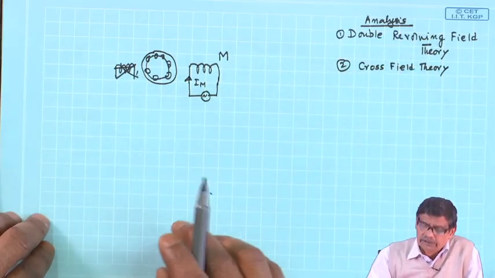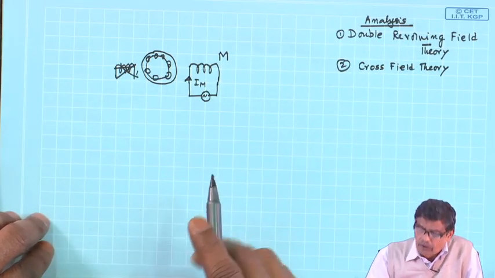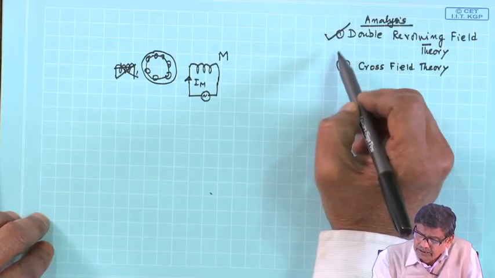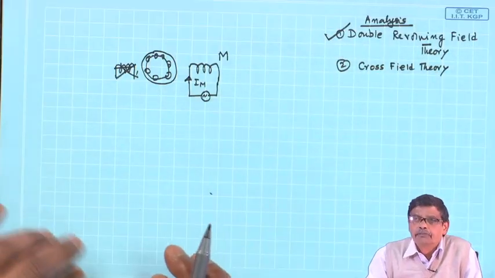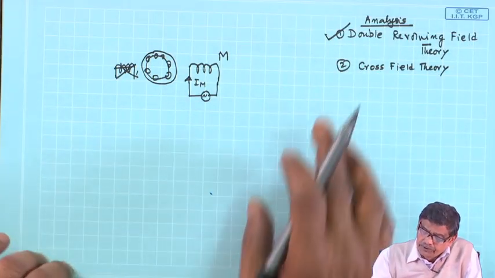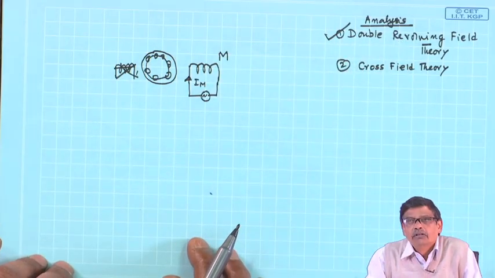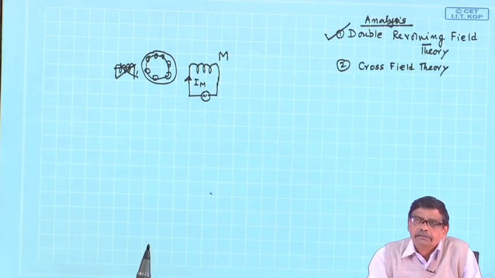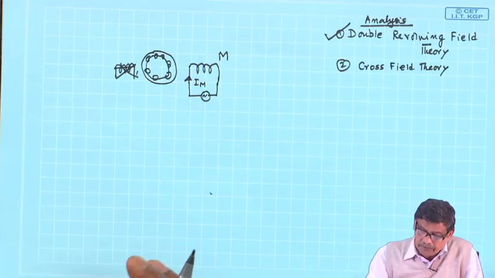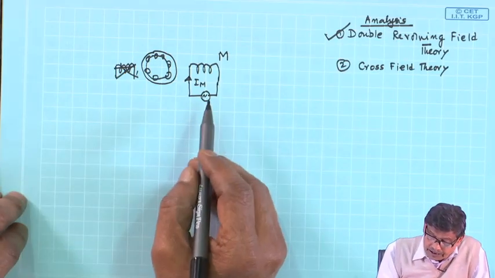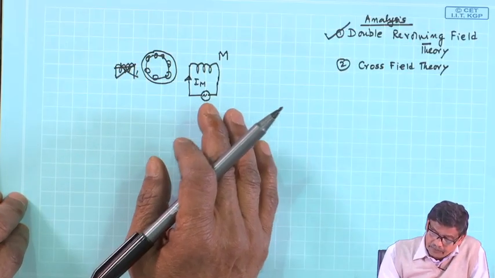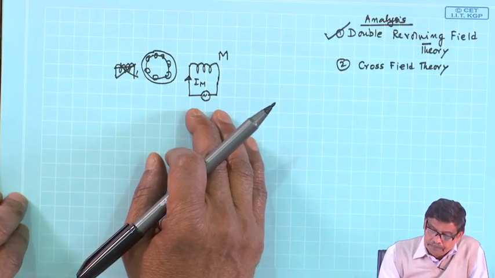By these two methods it can be analyzed, of which in this class we will consider double revolving field theory, because if you adopt this method of analyzing, you can invoke all the things you have learned in three phase induction motor analysis. Simple.